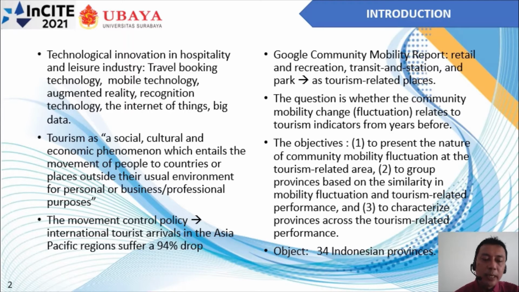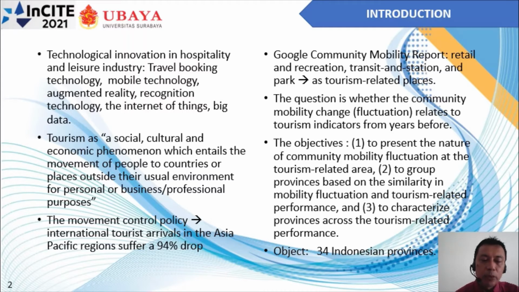The question is whether the community mobility change or fluctuation relates to tourism indicators from years before. The answers might add understanding about the independent tourism-related variables explaining the mobility fluctuation during the pandemic.